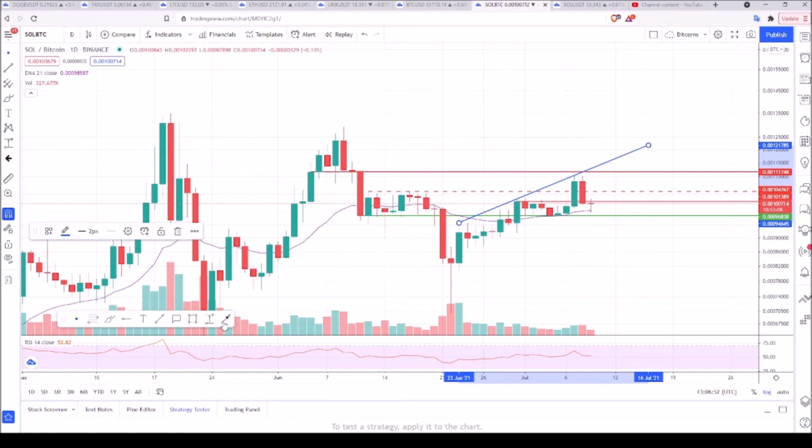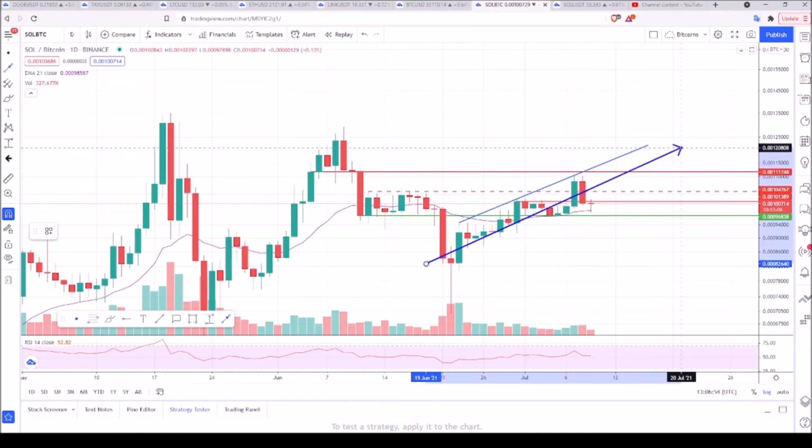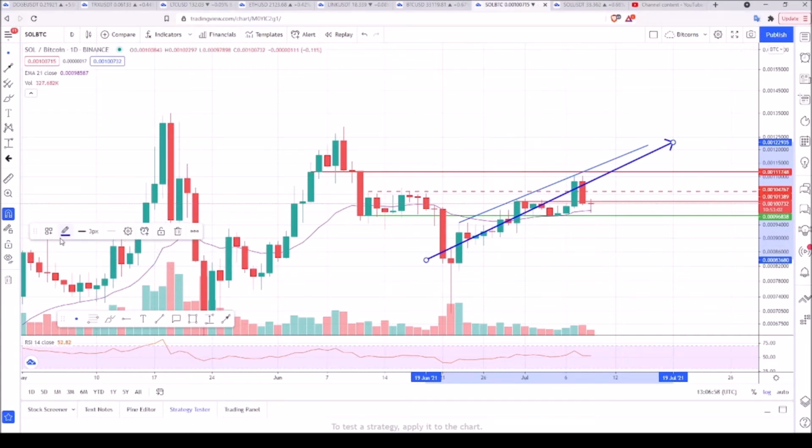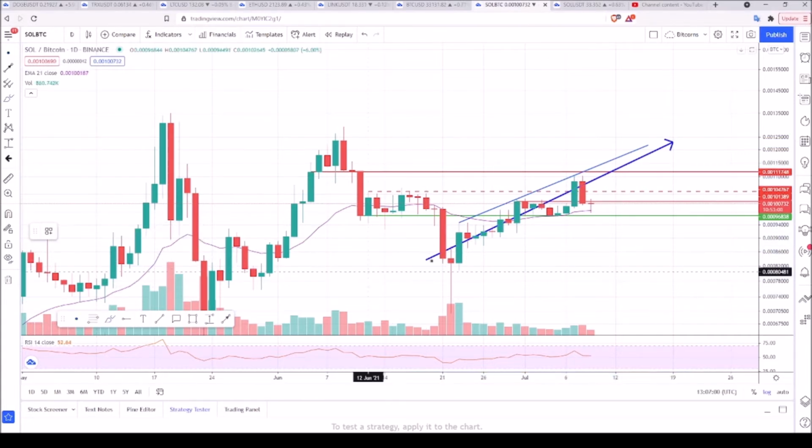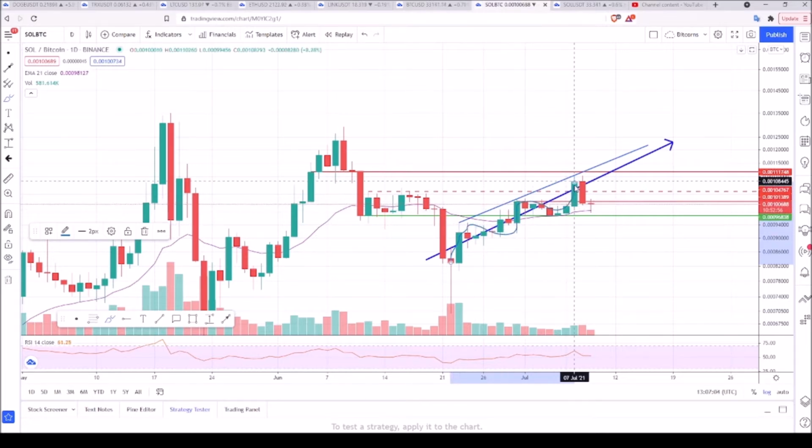You're looking at a local uptrend, which is not even deviating very much from its mean. By that I mean that if you look at the swings above or below this line, it's really not gone out very far.